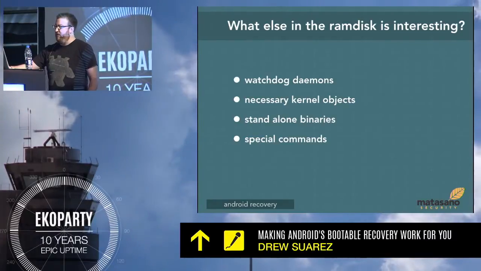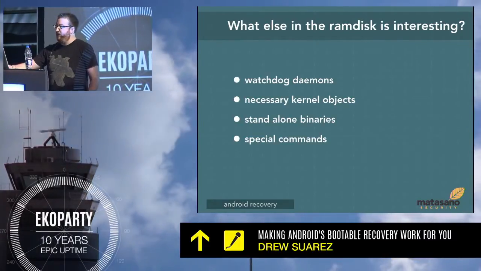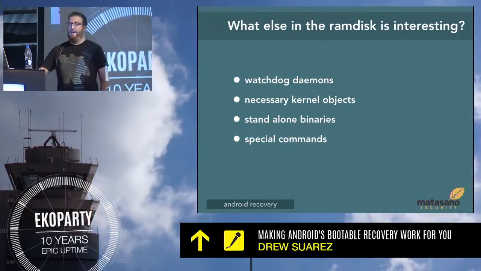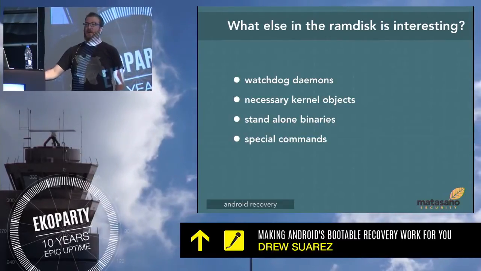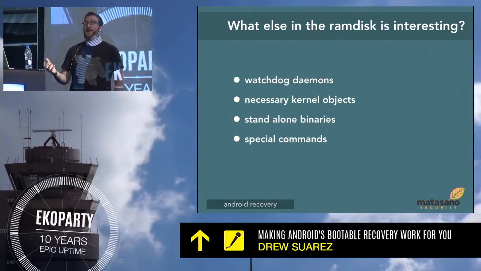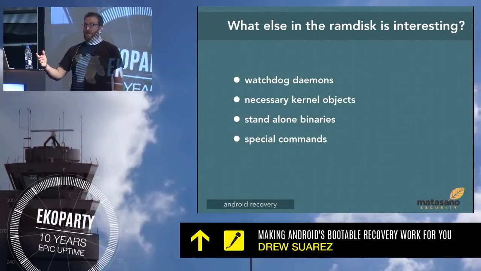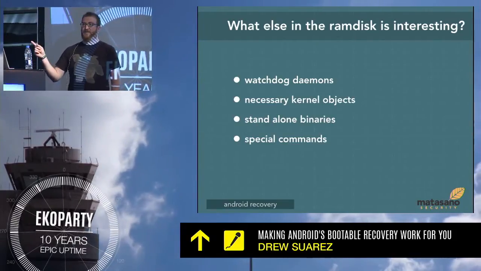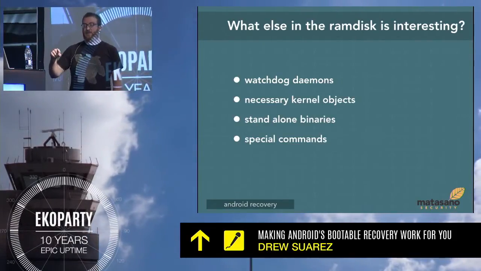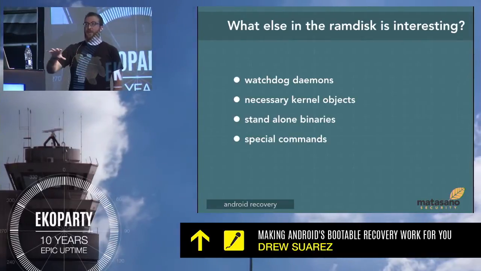And of course, some special commands are available. A lot of times, the device will have what's called a miscellaneous partition, or MISC. You'll see it sometimes called out. This is kind of a low-budget way to send messages between stock Android and the bootloader and back and forth.